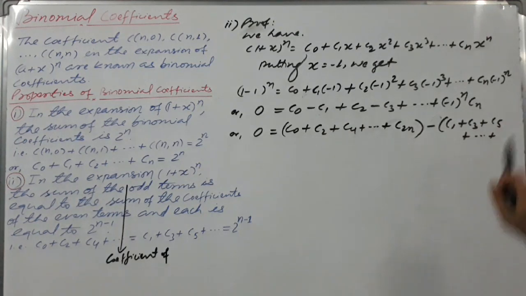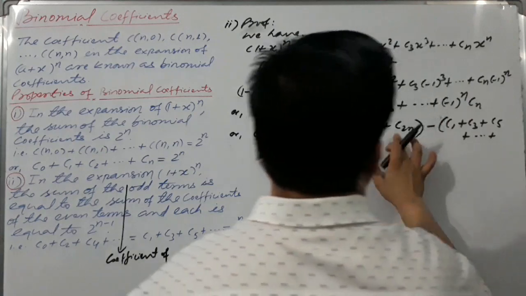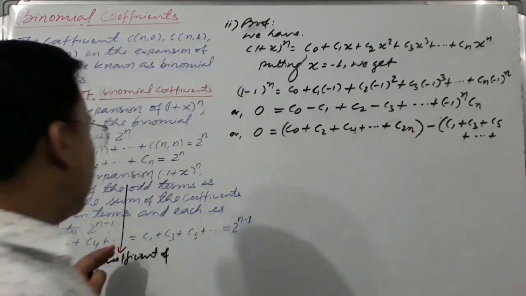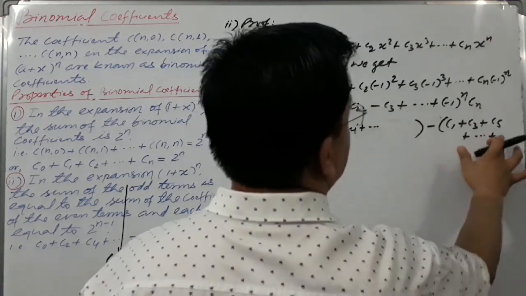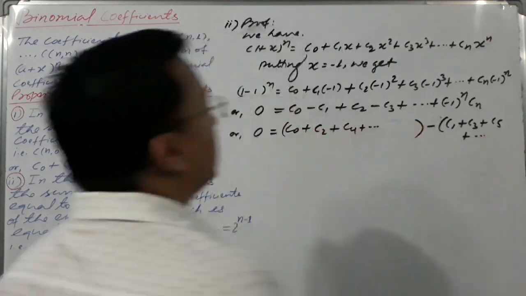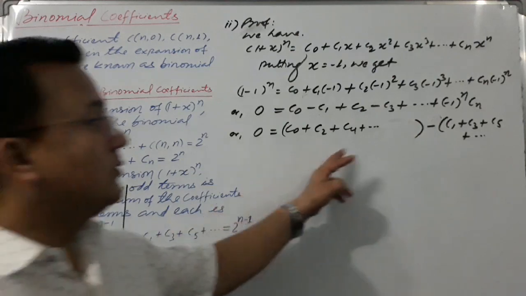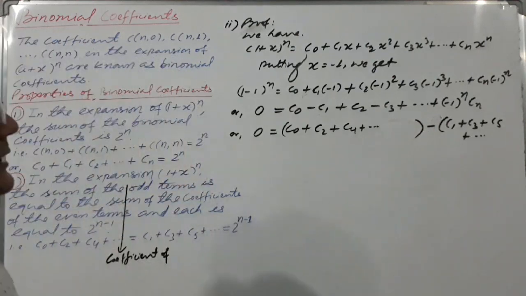You may write it down, otherwise no need, because in properties we have not written it, so it is an understood thing. 2n terms it will go, and this will also go to 2n terms.